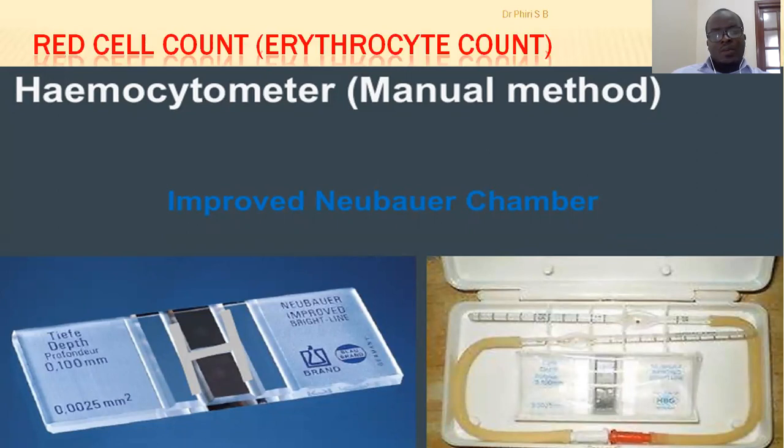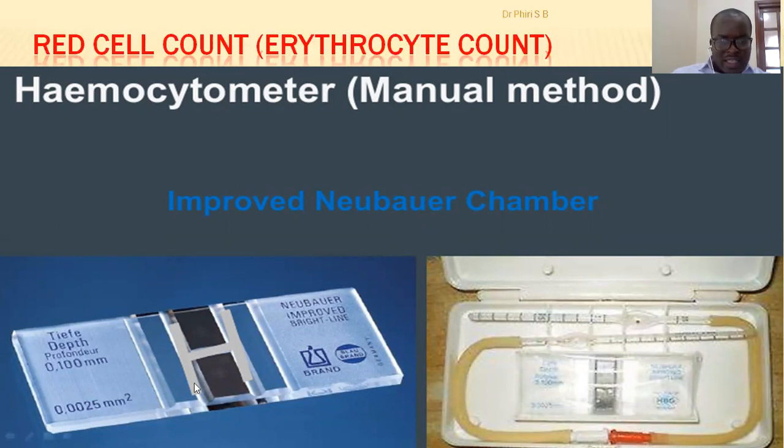The hemocytometer, you can see here, is used for the manual method to count red blood cells. The one that we normally use is the improved Neubauer chamber. This improved Neubauer chamber is a special type of slide that contains grids that you can use to count red blood cells.